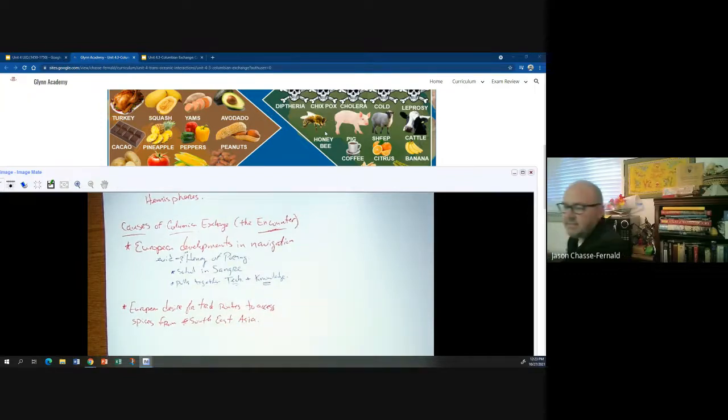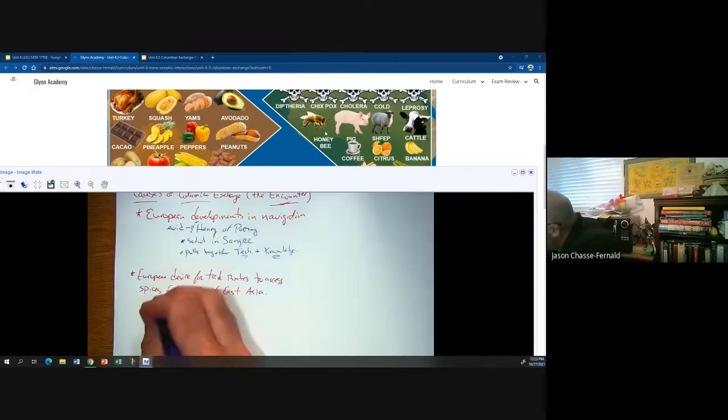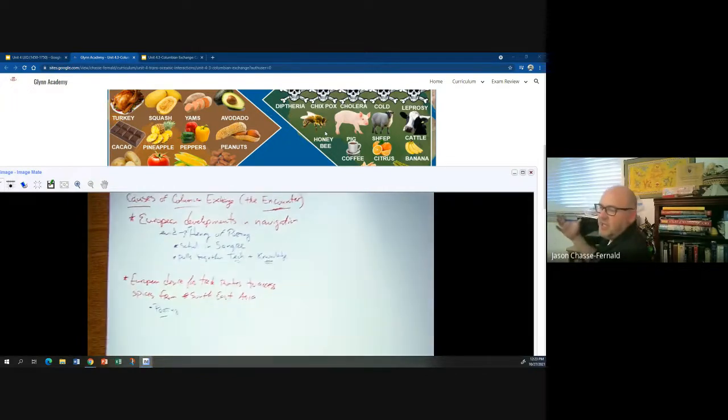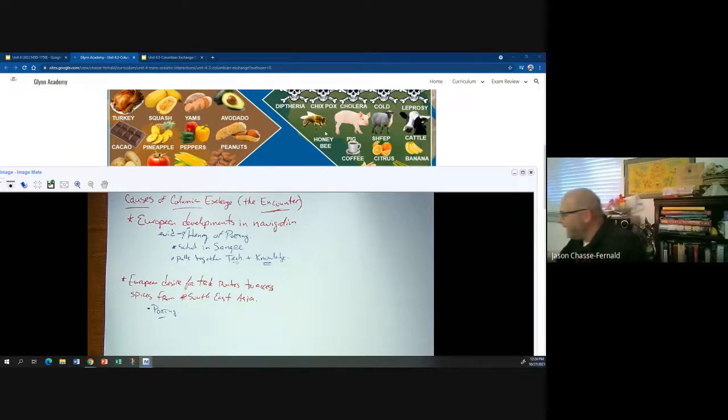Not that they knew it was Southeast Asia. So Indian Ocean is probably fine, right? But this is a main reason why the Portuguese create the school of navigation, trying to cut out the Ottomans from that, trying to reduce their costs, trying to get part of that.